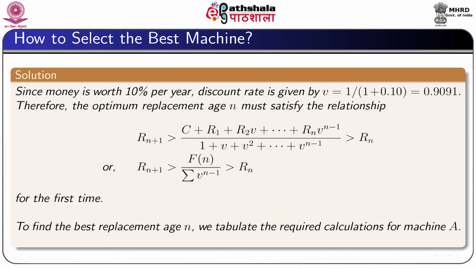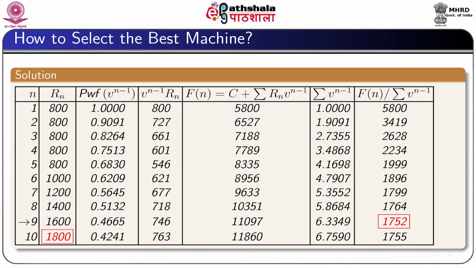So, to find the best replacement age N, we tabulate the results for machine A. In this table, the first column shows the years, second one is the running costs, and third one represents the present worth factor. Similarly, we calculate V to the power n minus 1 Rn in the fourth column, and then Fn in the fifth, and next column sigma V to the power n minus 1, and finally in the last column Fn by sigma V to the power n minus 1.